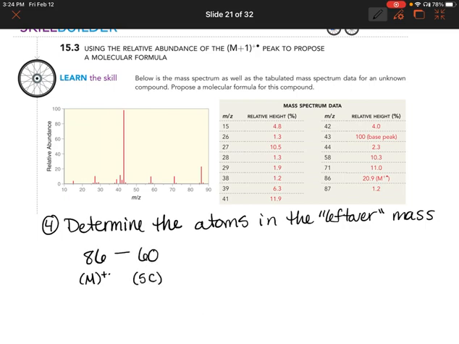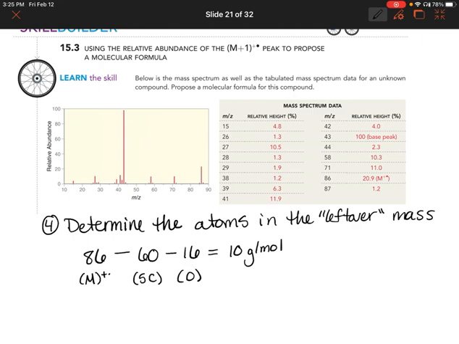Now let's subtract 16 for the oxygen atom that we're assuming is in our molecule. So 86 minus 60 is 26, and then 26 minus 16 gives us 10 grams per mole.